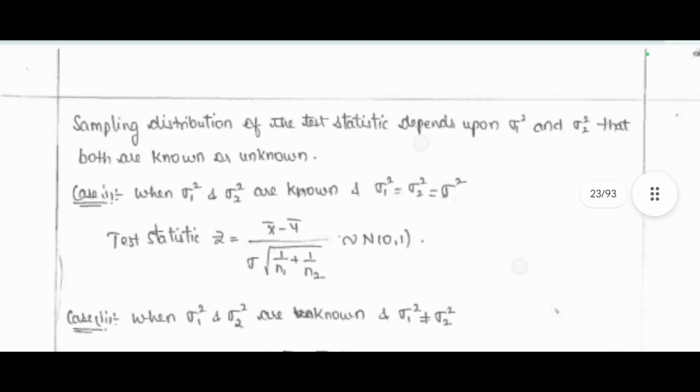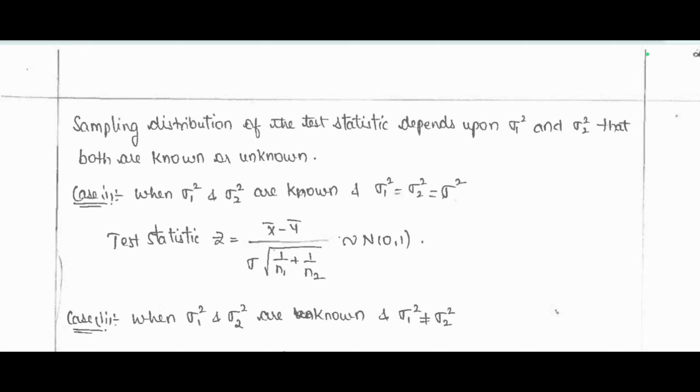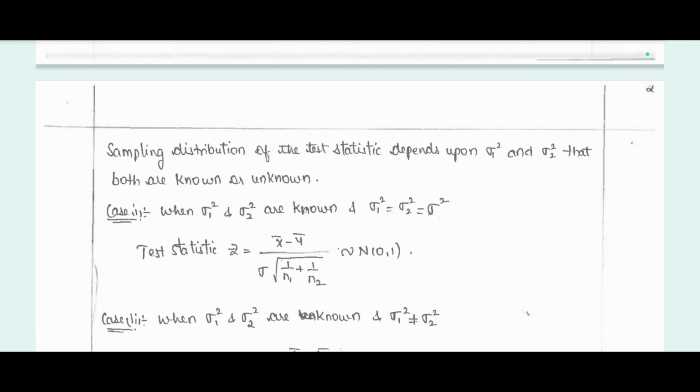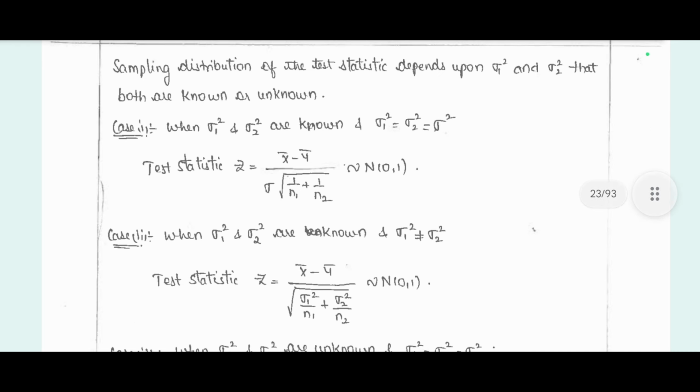Next, the sampling distribution of the test statistic depends upon whether sigma 1 square and sigma 2 square are known or unknown. Case 1, both are known, you can substitute directly. In the case where sigma 1 square is equal to sigma 2 square is equal to sigma square, then we get the common value sigma square.